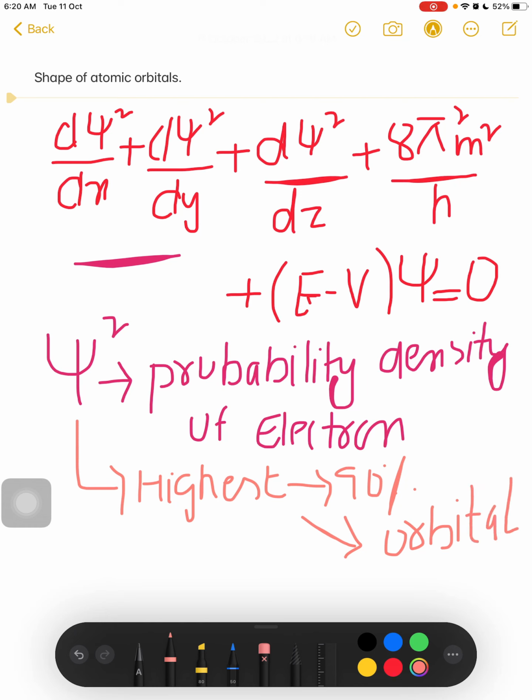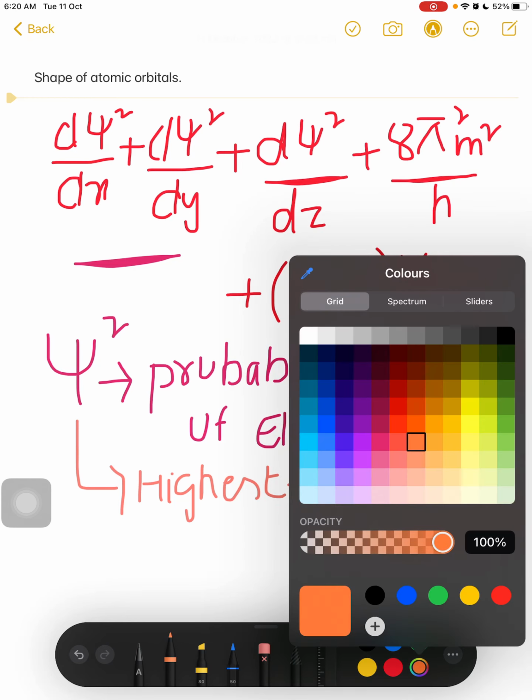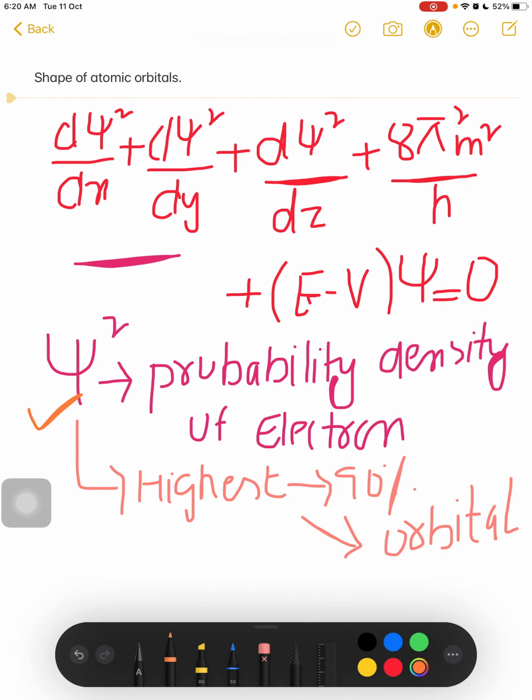So an orbital is the region of space around a nucleus within which the probability of finding an electron of a given energy is maximum, about 90%. The probability at any point around the nucleus is calculated using Schrodinger's wave equation. So whenever the value of ψ² is highest, like 90%, that space is known as an orbital.